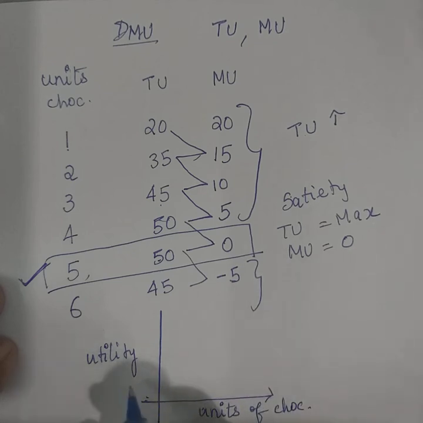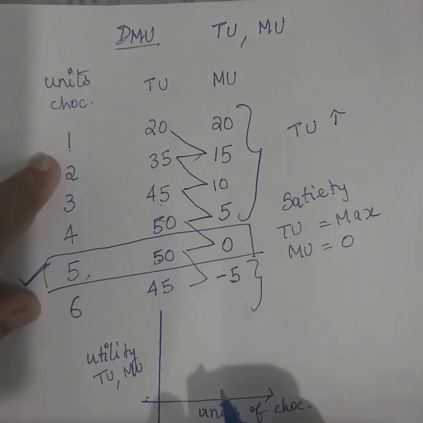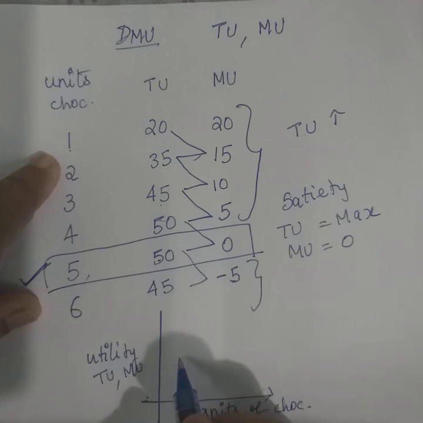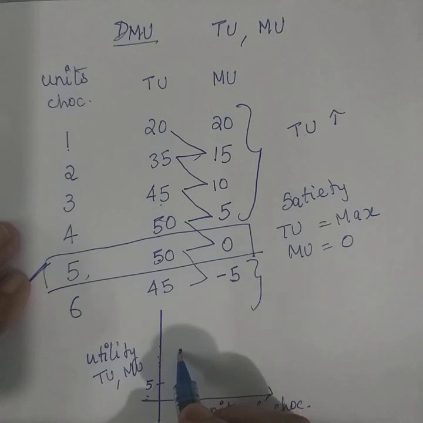Right? And utility, of course, is going to be the total utility and the marginal utility, both will be shown here. So the first unit of chocolate is giving 20 utils. Let's say, I will just roughly show it here. I will show you only the general behavior. Let's assume this is 20.